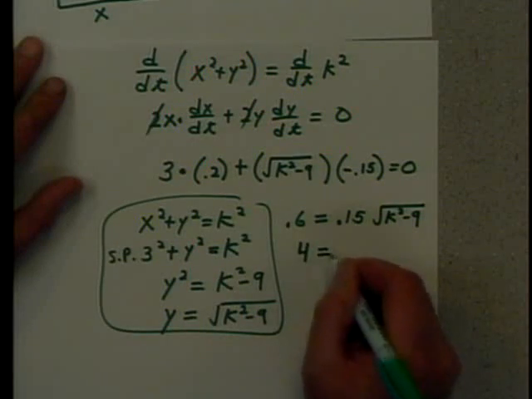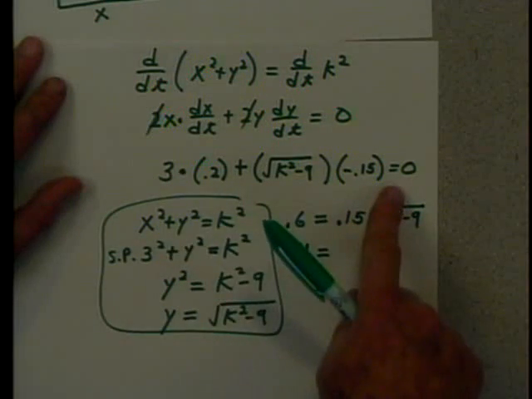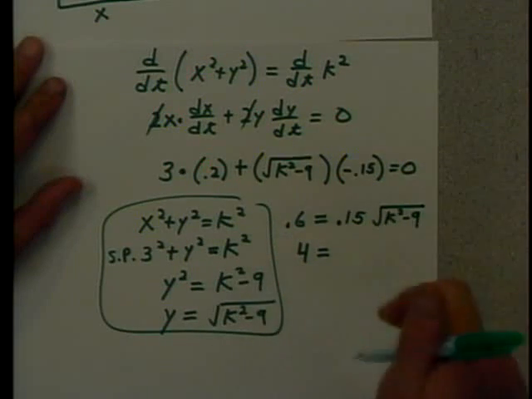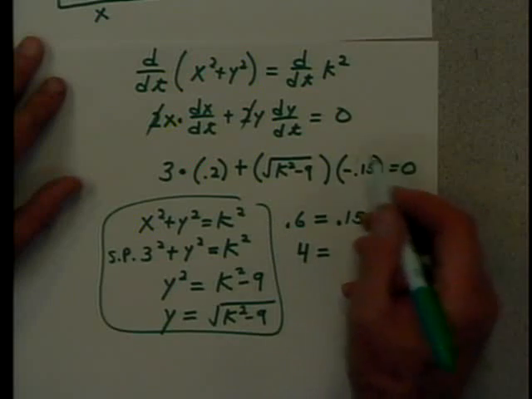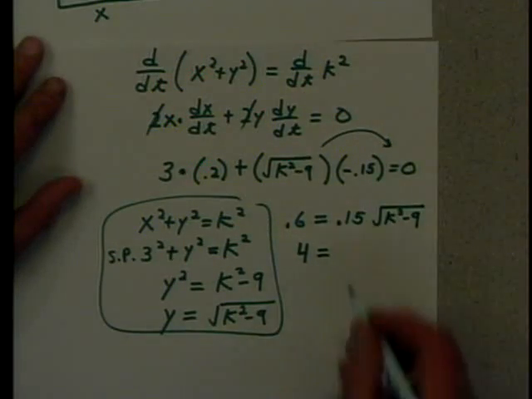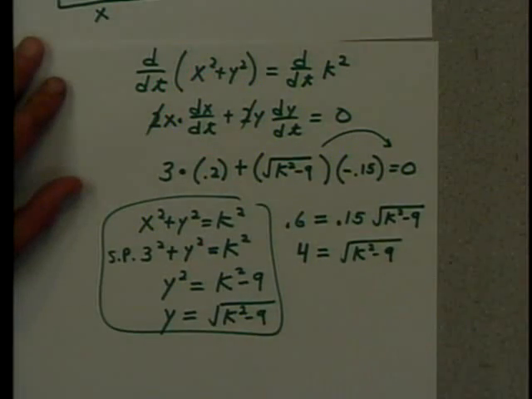That's how you know this problem is correct, because they're all rigged. No, because I moved this to the other side, it became positive. So 4 equals the square root of k squared minus 9.